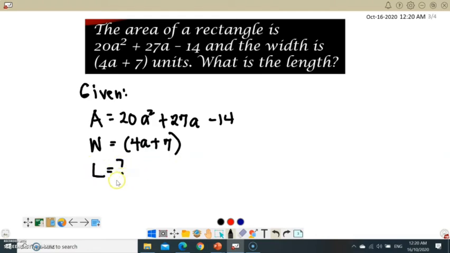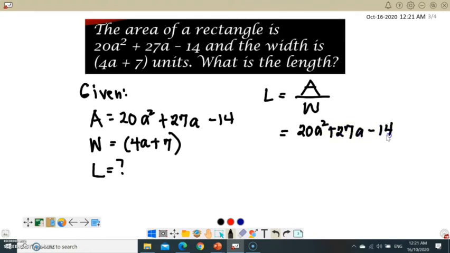And how are we going to find this one? So we use the formula length is equal to area divided by the width. So we substitute the values. Area is equal to 20a square plus 27a minus 14 over 4a plus 7.